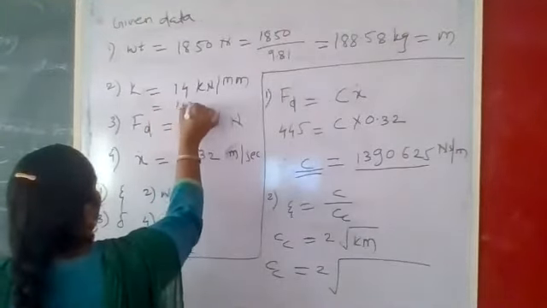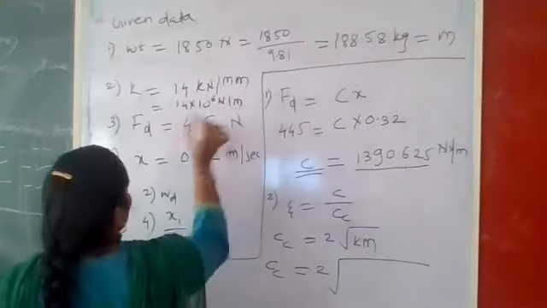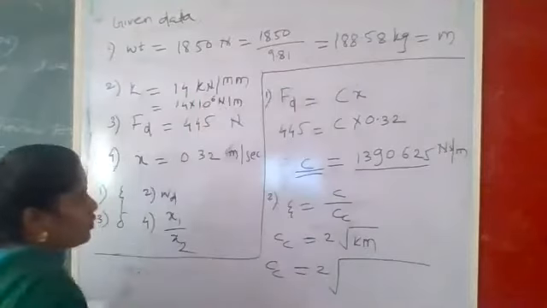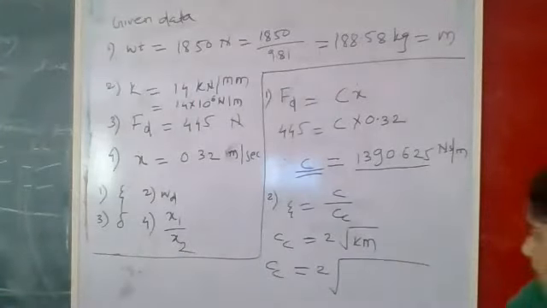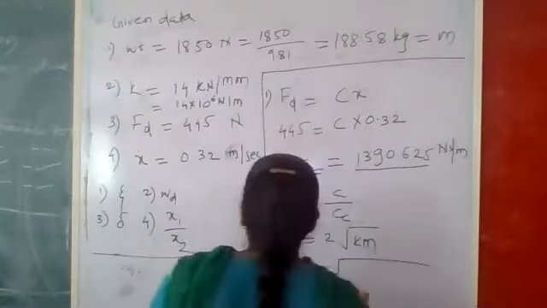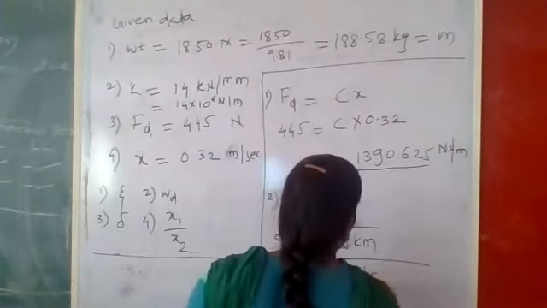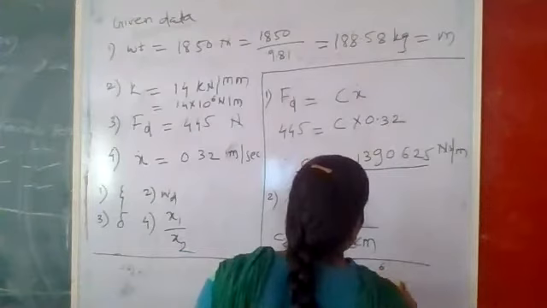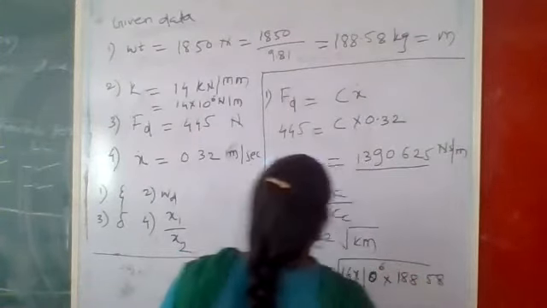That is 14 into 10 raised to 6 Newton per meter. So put this value and give me the answer for Cc. Cc is equal to K, K is 14 into 10 raised to 6 into mass, which is 188.58.